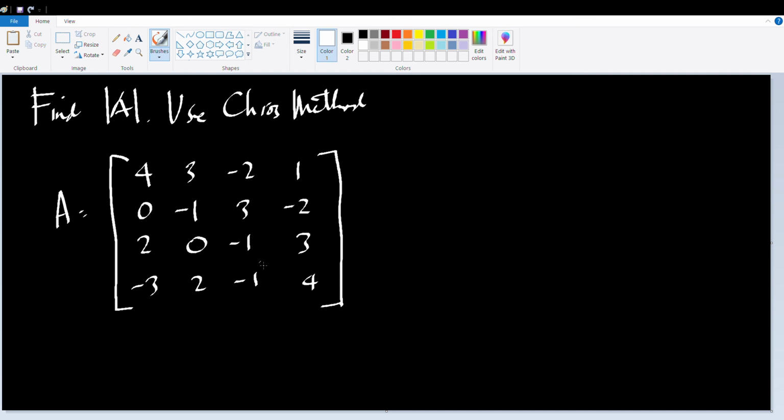And I want you to use this element as your Aij. Use that as your Aij.